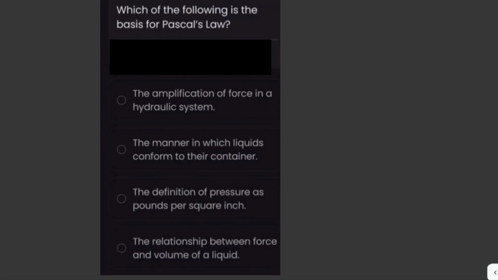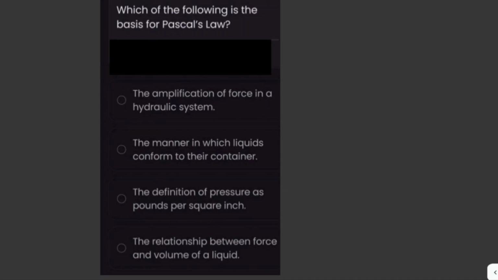Which of the following is the basis for Pascal's law? The amplification of force in a hydraulic system, the manner in which liquids conform to their container, the definition of pressure as pounds per square inch, the relationship between force and volume of a liquid. Now let's define what Pascal's law is first.